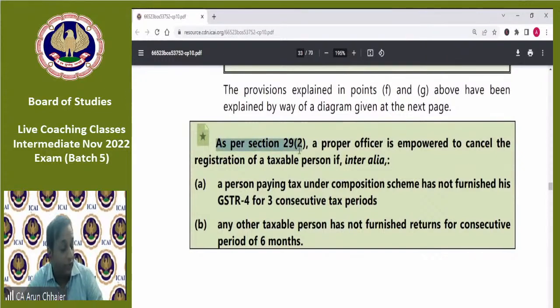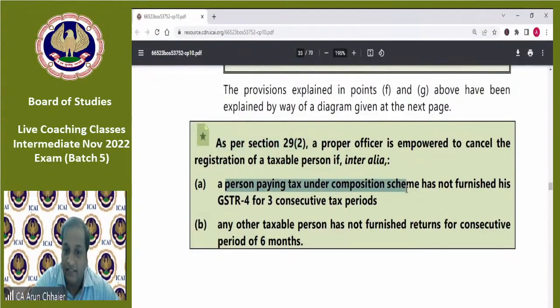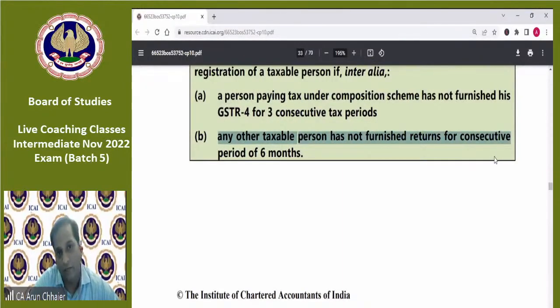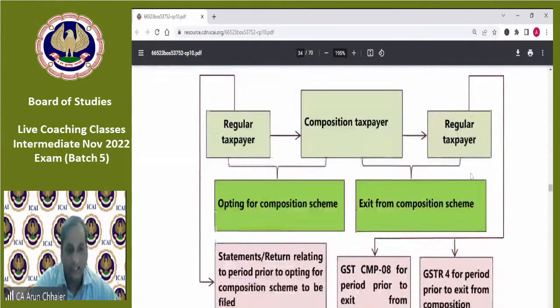Section 29.2: in which cases does the proper officer have power to cancel the GST registration? Clause A, a person paying the tax under composition scheme has not furnished his GSTR 4 for 3 consecutive tax periods. Any other taxable person has not furnished the return for a continuous period of 6 months. That we have already discussed.